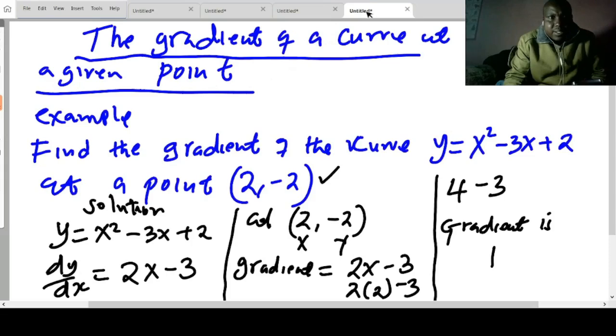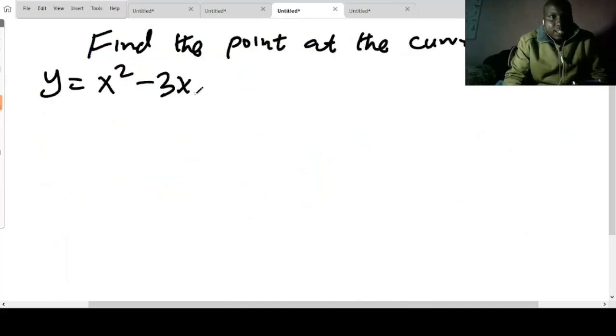Which one did I use here? Oh, there was a 2 here. Okay, no problem. x squared minus 3x.